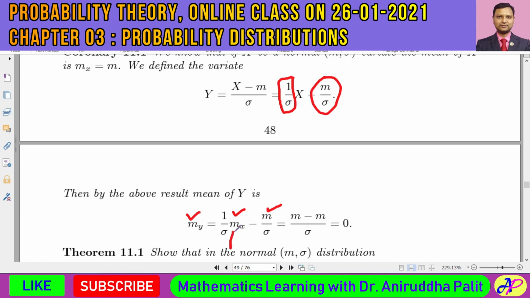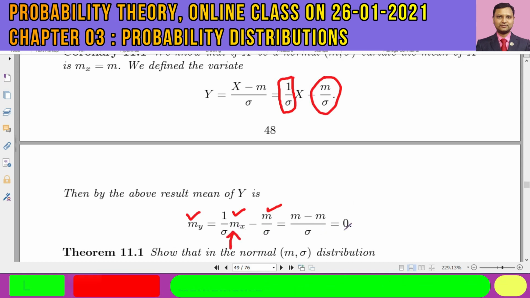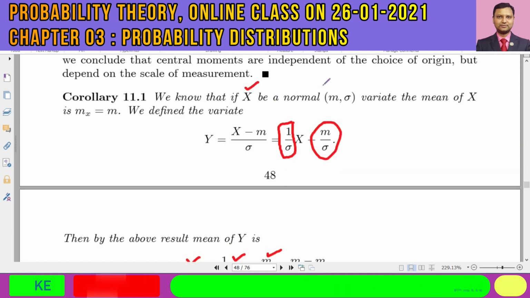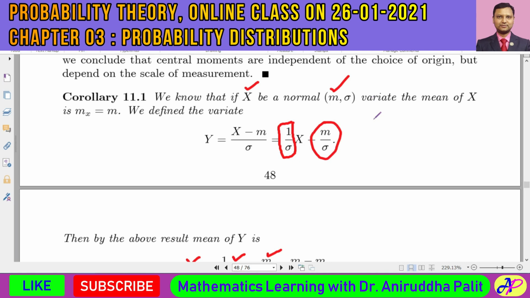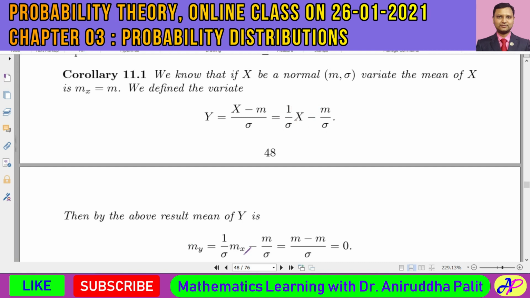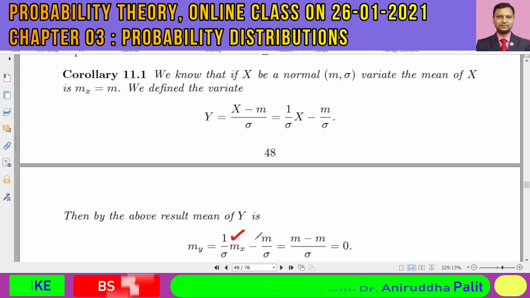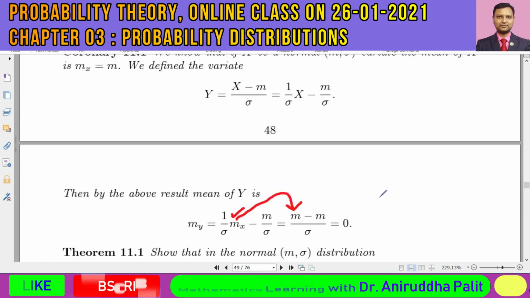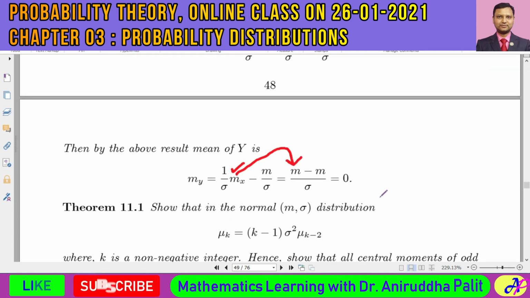It is the mean of the random variable x. This x follows a normal m sigma distribution, so m is the mean of the random variable x. Therefore, in place of mx, we can put small m. Then ultimately, the mean of y becomes equal to 0.